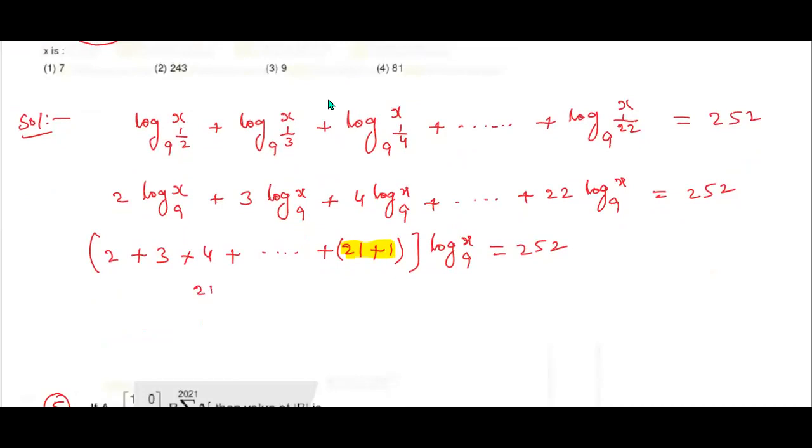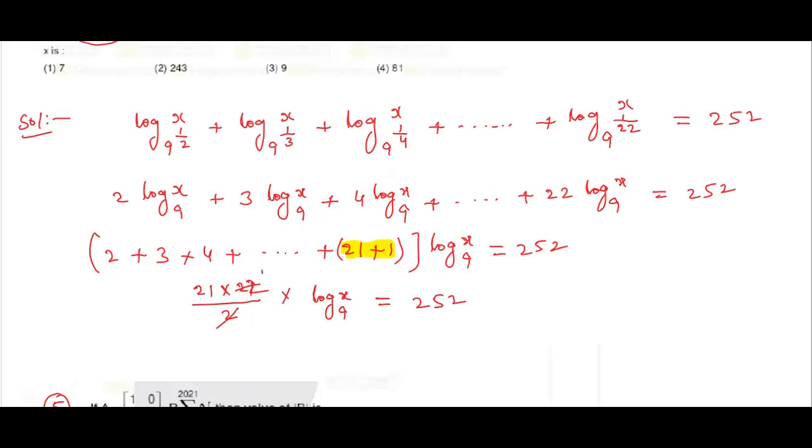What is the formula? n into n plus 1 by 2, for 21 natural numbers.